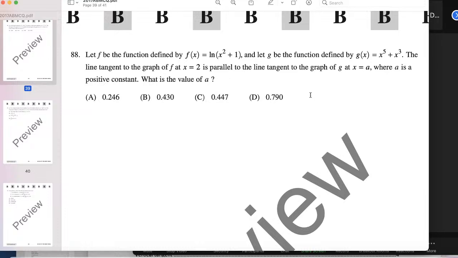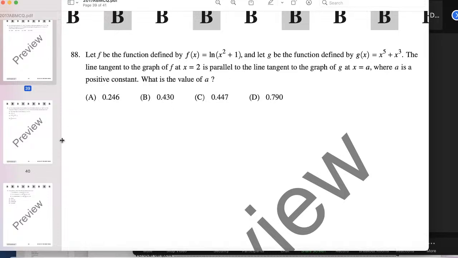Okay, second calc, 0. I went wrong because I copied that question wrong. 0.447, see? Oh, I did get it right! Thank you, sir. Oh, I see what you did. Okay, we got the answer. Plus 3x squared, minus 4 over 5.